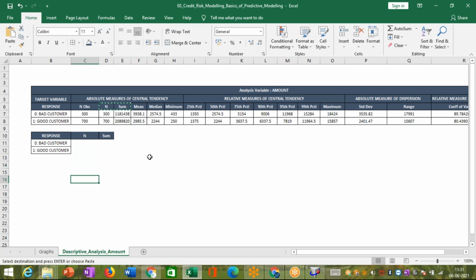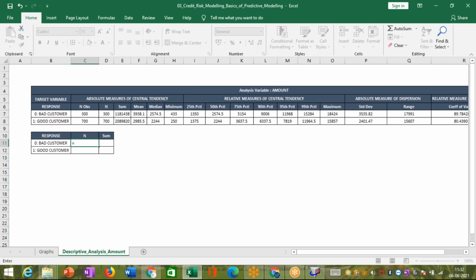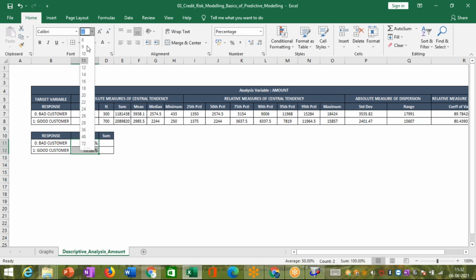So I have this. The total number of observations over here will be 300 divided by the sum of. Let me just fix this sum over here. That's 30% and this is 70%. So it's a perfect 70-30.